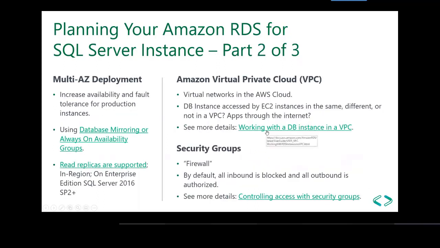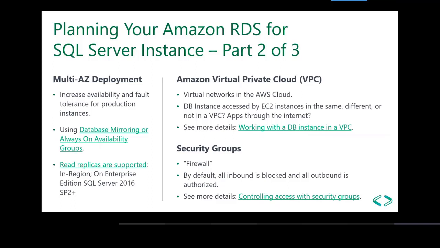The second part of the planning, we need to understand the multi-AZ deployment. Of course, multi-AZ deployment will provide increased availability, data durability, and also fault tolerance for DB instances in the event of database maintenance, either planned maintenance or unplanned service disruptions.